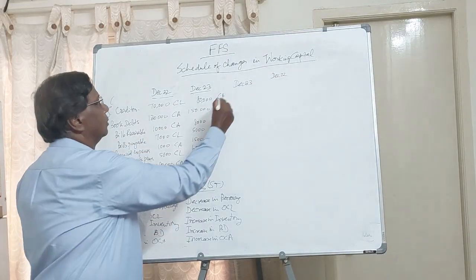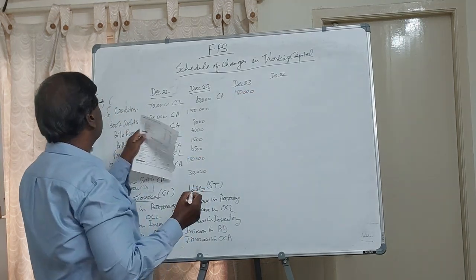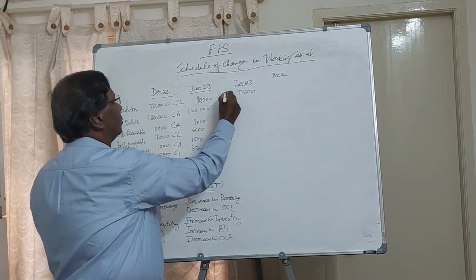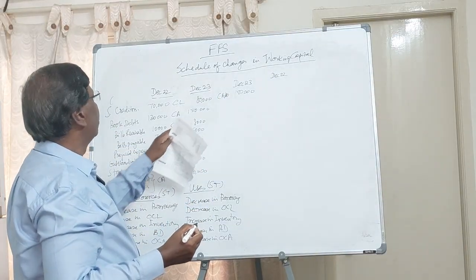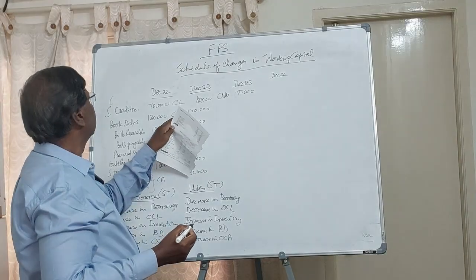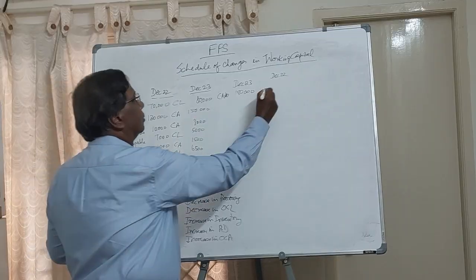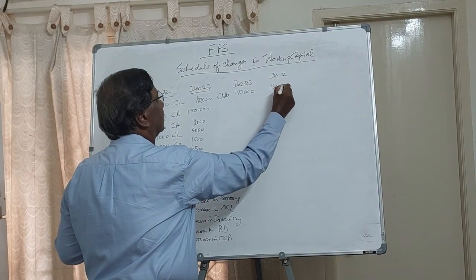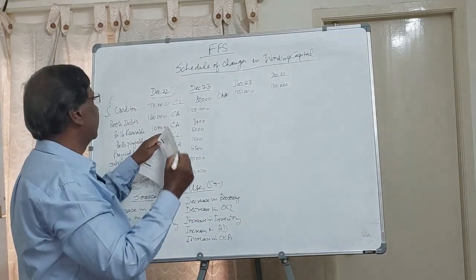Book debts, we put BD. Book debts: 1,50,000. Sorry, this is 1,30,000 for the other year. First I will write only the current assets.